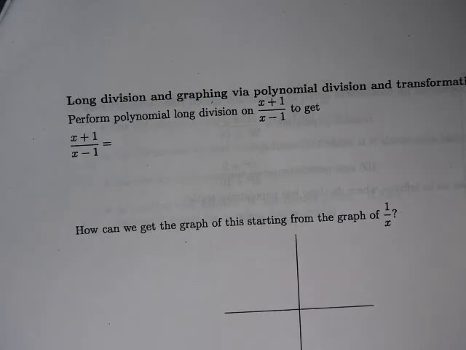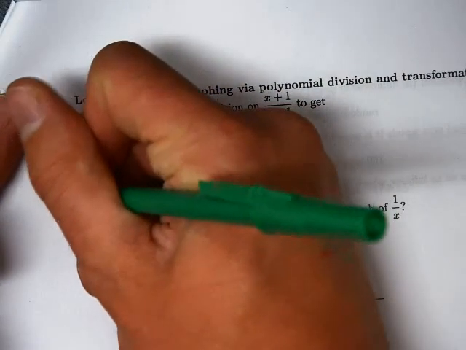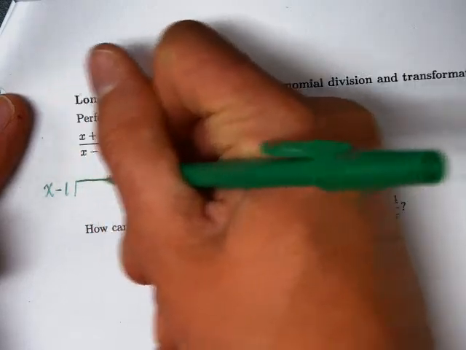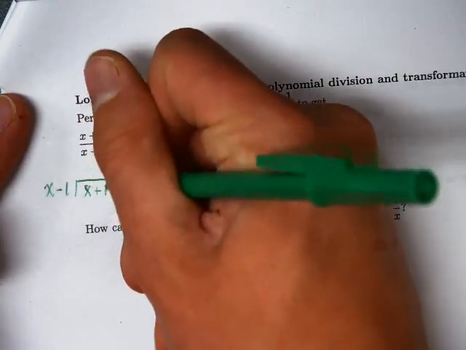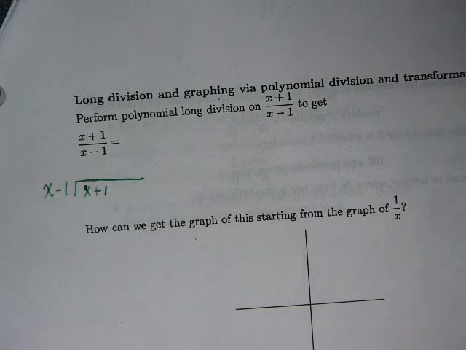So let's see how many times x minus 1 divides into x plus 1. I'll be using the notation of polynomial long division, but the division will be pretty short. What do I need to multiply x by to get x? 1.